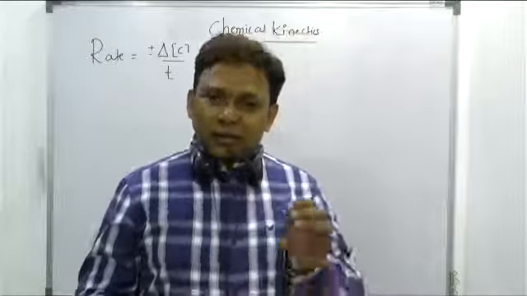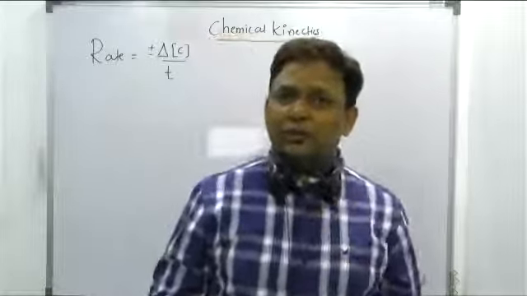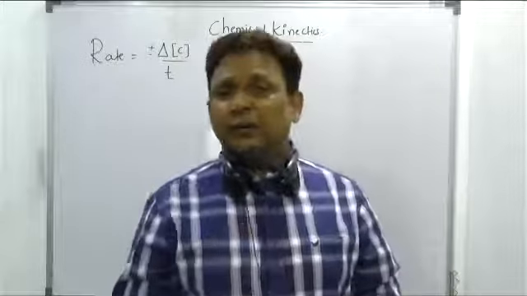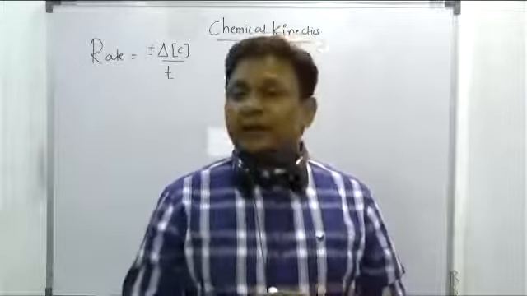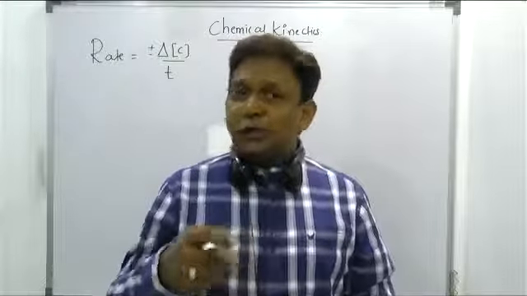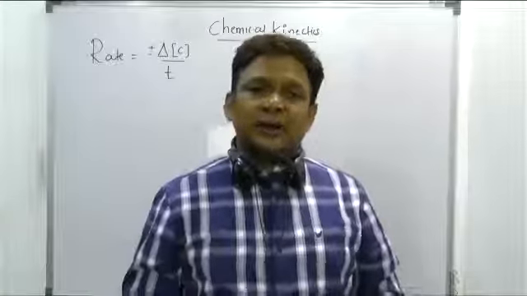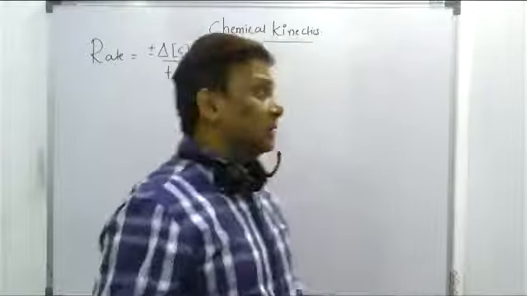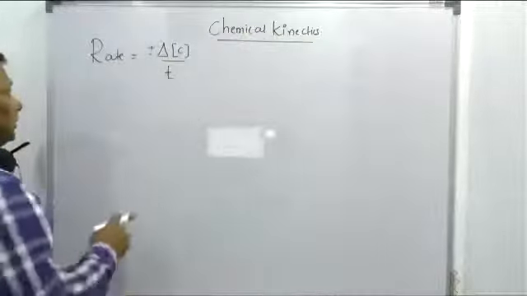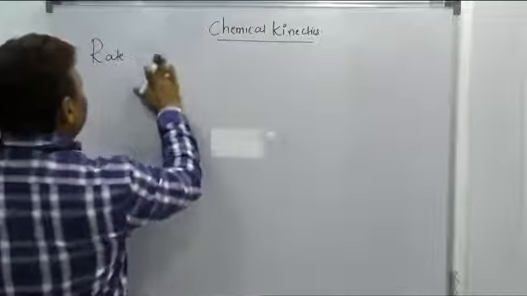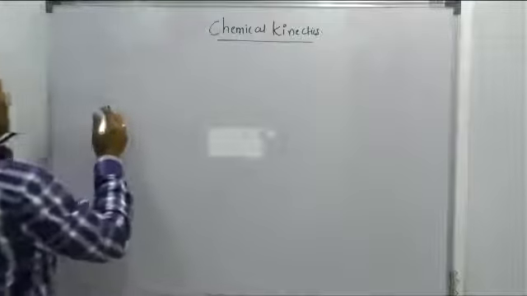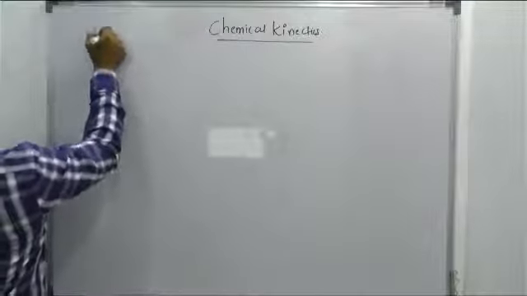But today I am going to teach you, from the IIT point of view, how the graphical method is utilized to calculate the instantaneous rate and the average rate. Let me discuss this graphical representation part with you, beta.